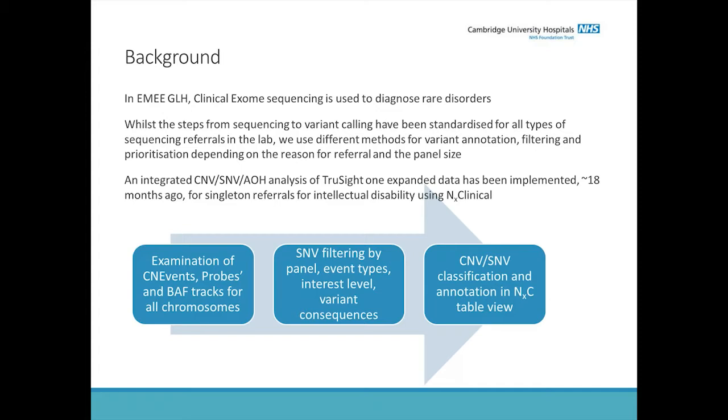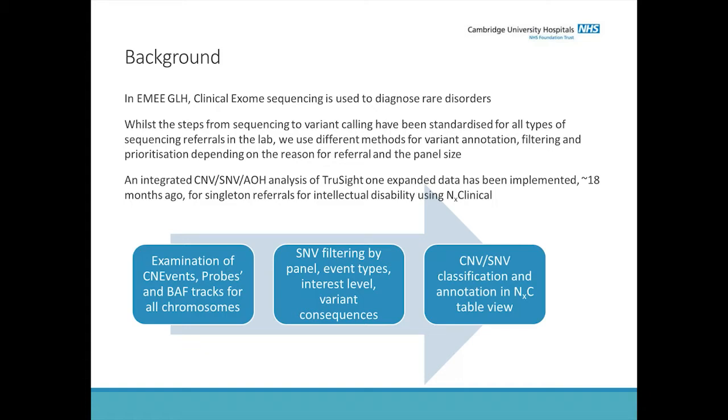And once we completed that and annotated all our CNVs within Nexus Clinical, we then follow it by filtering all our SNV variants, and we do that currently by requested panel, which in our case of intellectual disability referral is going to be the intellectual disability panel, that's how we call it, and or the DDD G2P panel, and that again will depend on the reason for referral.